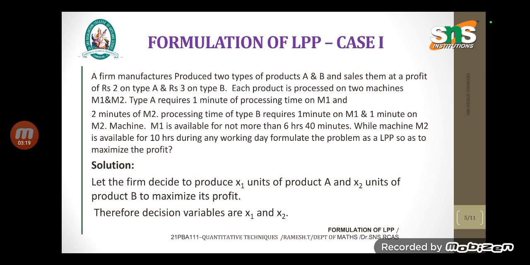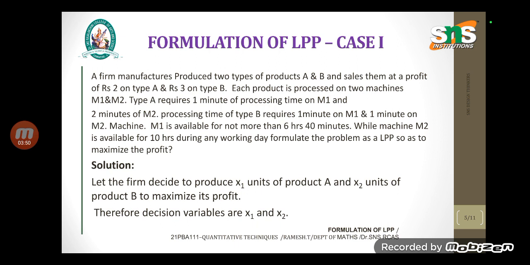Type A requires 1 minute of processing time on M1 and 2 minutes on M2. Type B requires 1 minute on M1 and 1 minute on M2. Machine M1 is available for not more than 6 hours 40 minutes, while machine M2 is available for 10 hours during any working day. Formulate the above as a linear programming problem so as to maximize the profit.